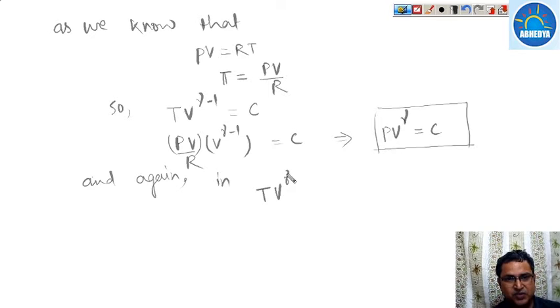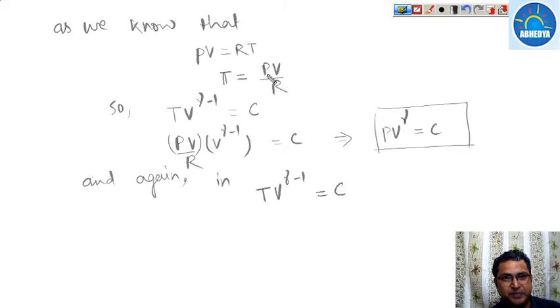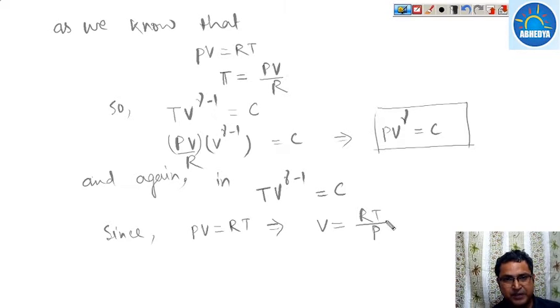In TV raised to the power gamma minus 1 is equal to constant, eliminate volume in terms of pressure and temperature. So how? PV is equal to RT, so this gives you volume is equal to RT upon P. Now put the value of volume in the given equation.